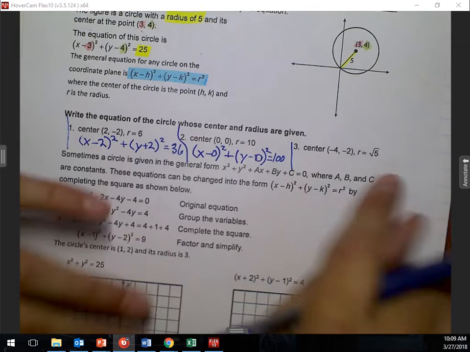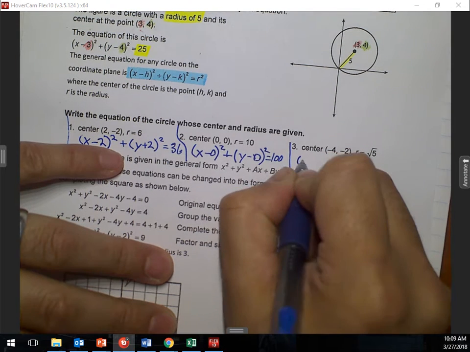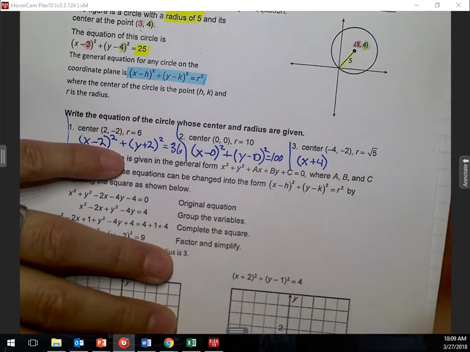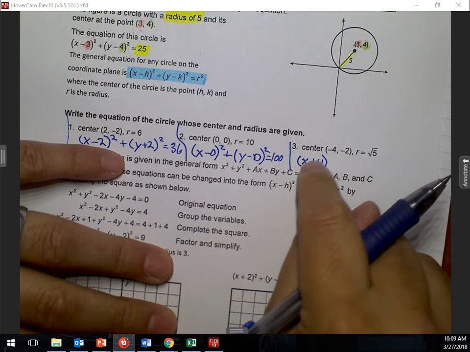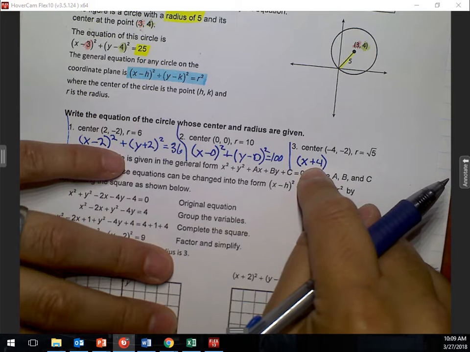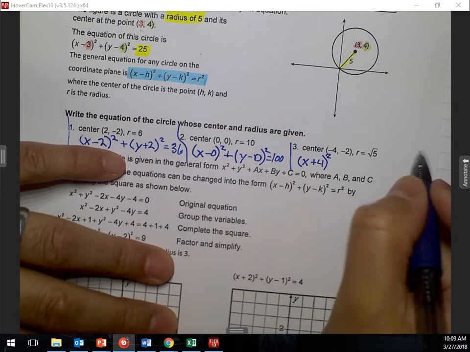Now for this one right here. Parentheses, x plus 4. Why does it change to plus 4? Because it's a negative. Minus a negative becomes a plus sign right here, right? Are we okay on this? Okay, square. What goes next?